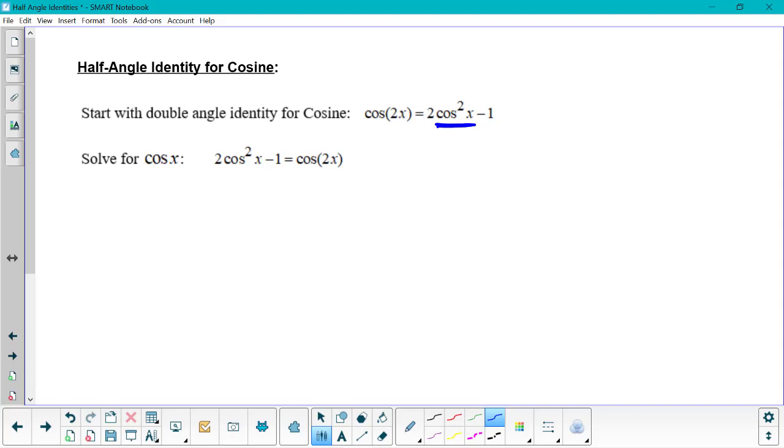First thing I'm going to do is isolate the cosine squared x. So I'm going to add 1 to both sides. And then I'm going to divide by 2 to get rid of that 2 in front of the cosine squared x.